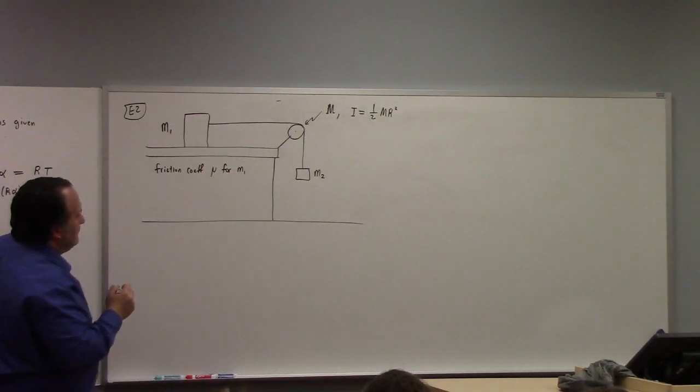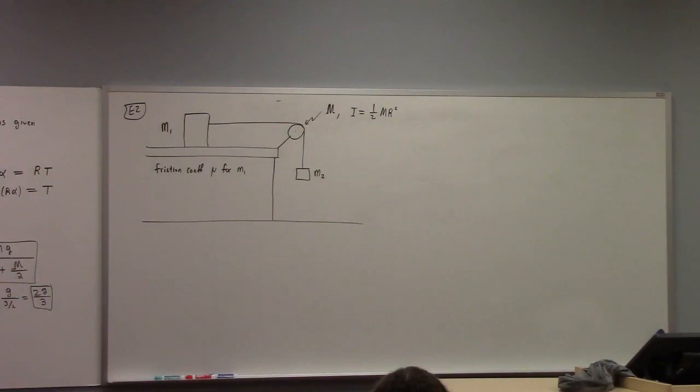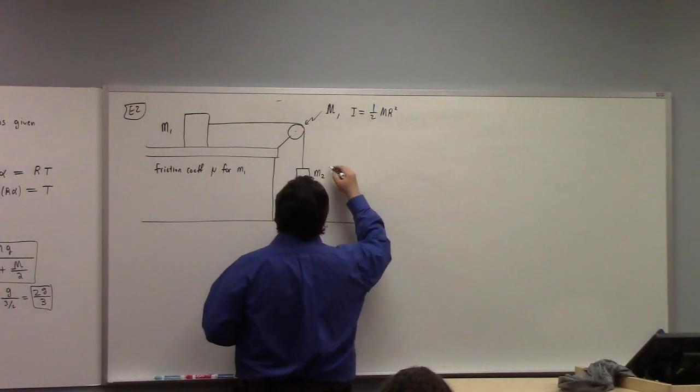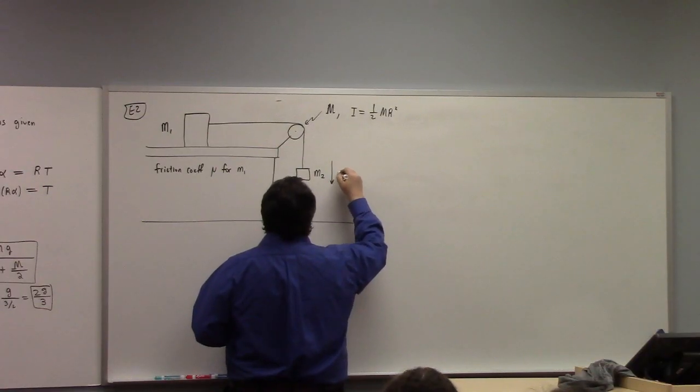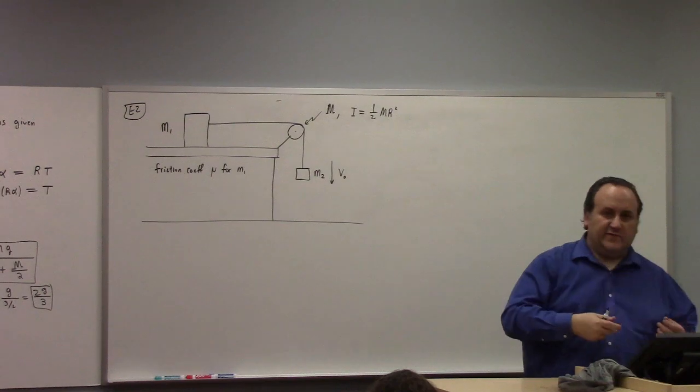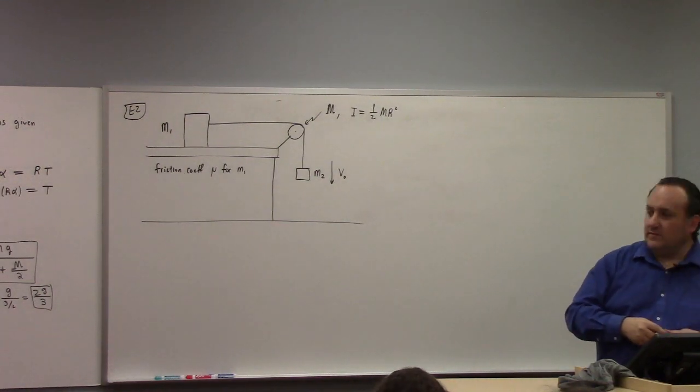And just to keep things relatively simple, we will suppose it's moving. All right. So let's suppose that we have an initial velocity v naught that's given, and it's non-zero, which puts us decidedly in the kinetic regime, right?